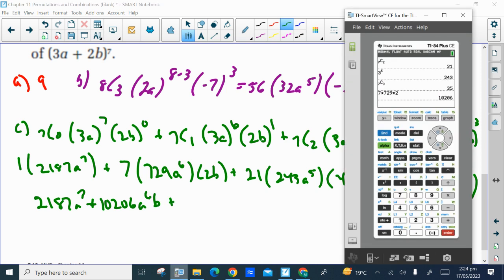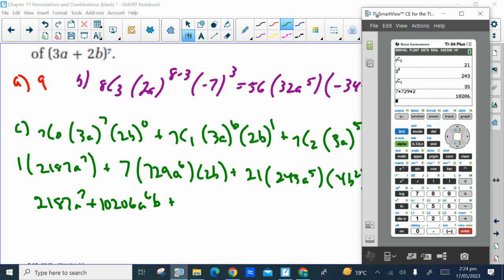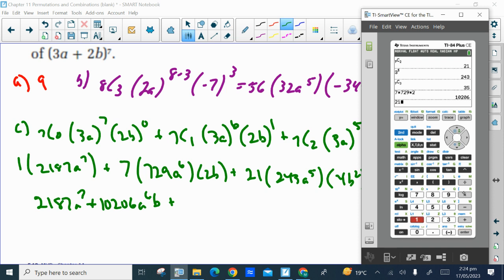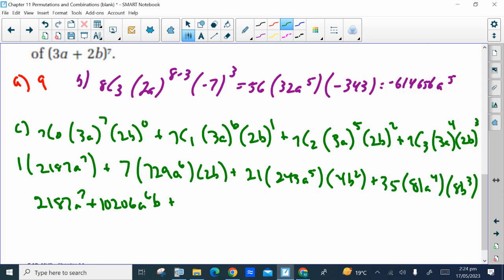The next coefficient will be found by multiplying 21, 243, and 4. 20,412. And that's a to the 5th b squared.